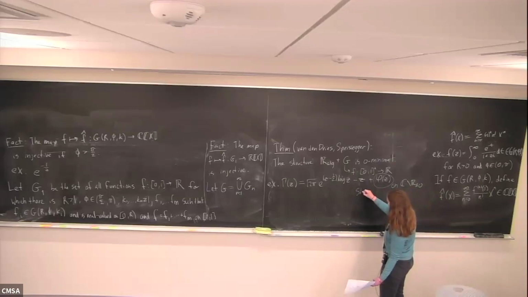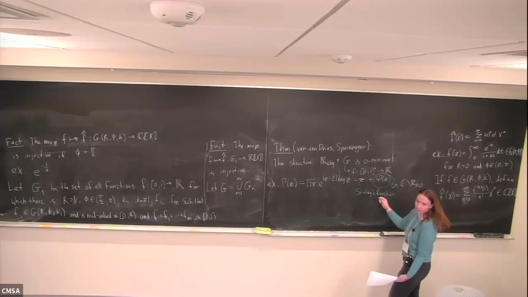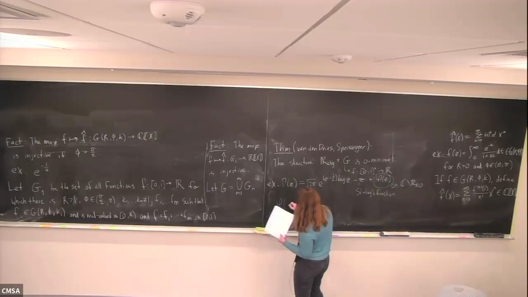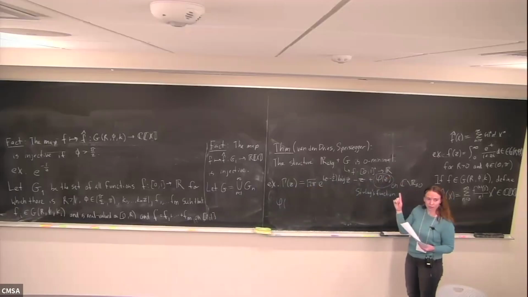I'll call this Stirling's function. It really comes from a series, the Stirling series. And this function is what's called 1-summable, for k equals 1, at infinity.